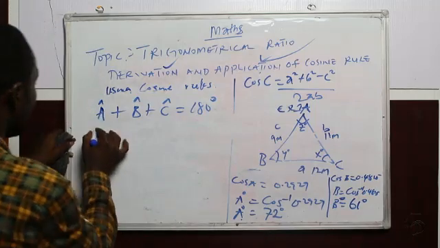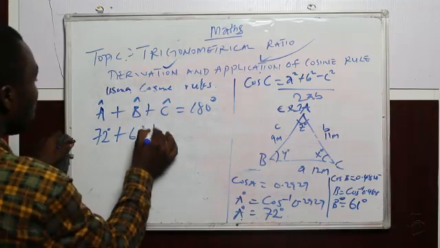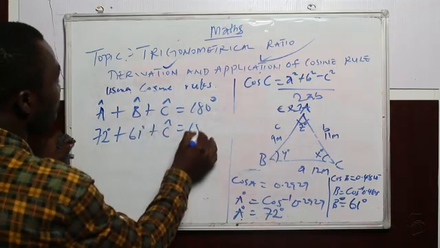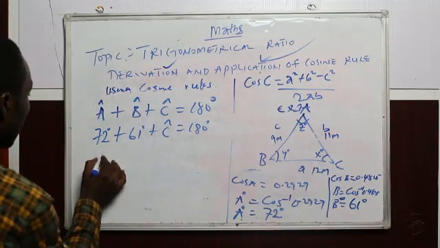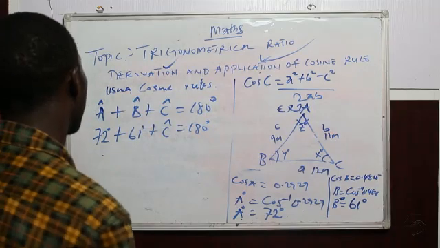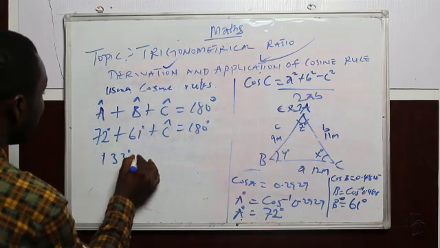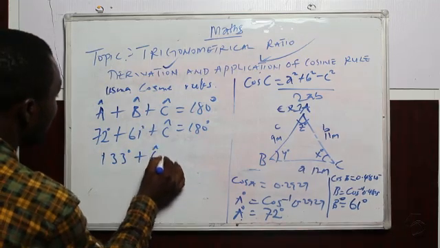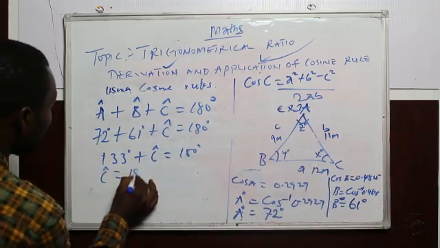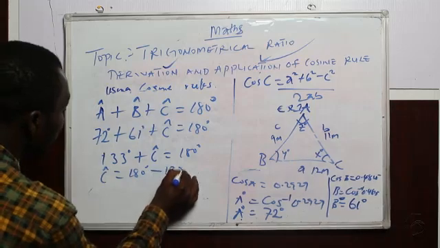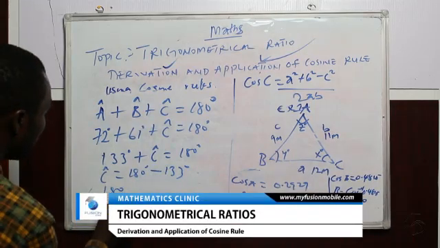What is A? 72 degrees plus B, 61 degrees, plus C equal to 180 degrees. 72 plus 61 gives us 133 degrees plus angle C equal to 180 degrees. Our angle C is equal to 180 degrees minus 133 degrees.